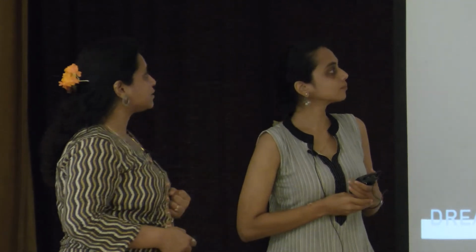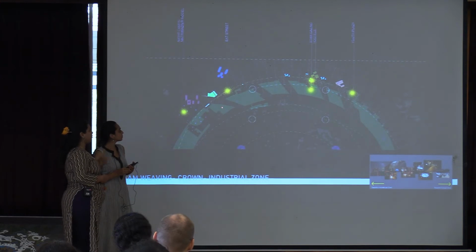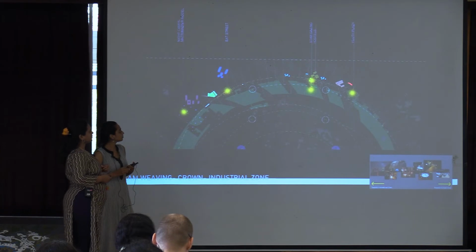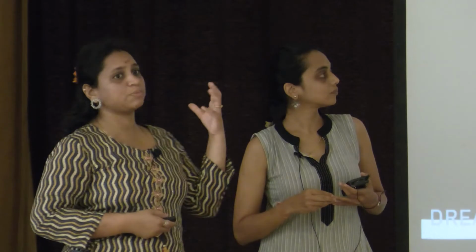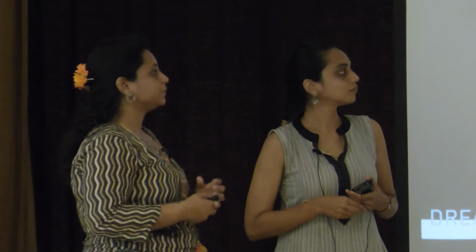Here is the Eat Street, which could have a night presence. It could have some relation to the nearby areas, the stargazing and hostel areas, and the youth plazas. And some of these activities, as and when required, could also repeat along the crown, so that the presence is there all through.